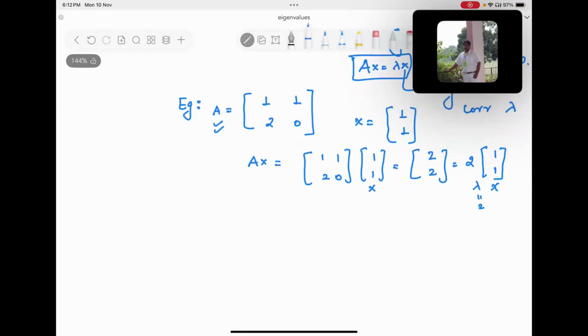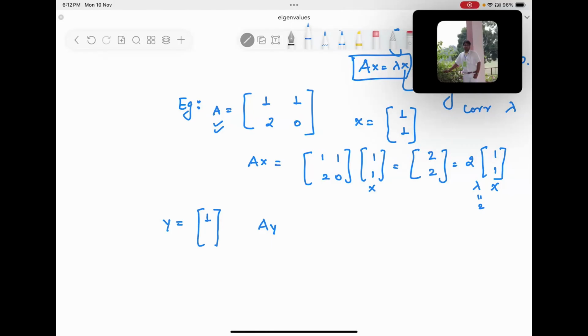Now similarly, if you do this for this matrix, taking y equal to 1, 2, then it will be minus 1.